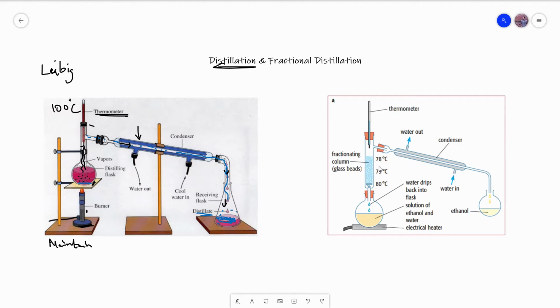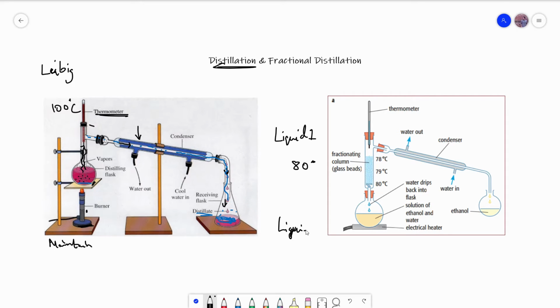Fractional distillation is the practice of distillation using two soluble liquids. So now say supposing you've got a solution which is made up of two soluble liquids, one whose boiling point is at 80 degrees Celsius, and the other one which has a boiling point of 96 degrees Celsius.